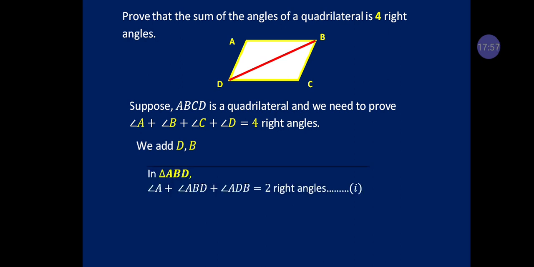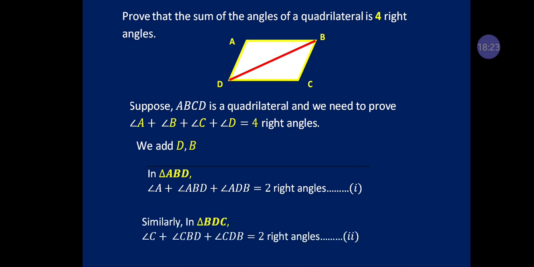Now in triangle ABD, the upper portion of the diagonal, if we add up the angles, angle A plus angle ABD plus angle ADB is 2 right angles. 180 means 2 right angles, right? In a similar way, for the triangle below the diagonal, in triangle BDC, you can do that again.